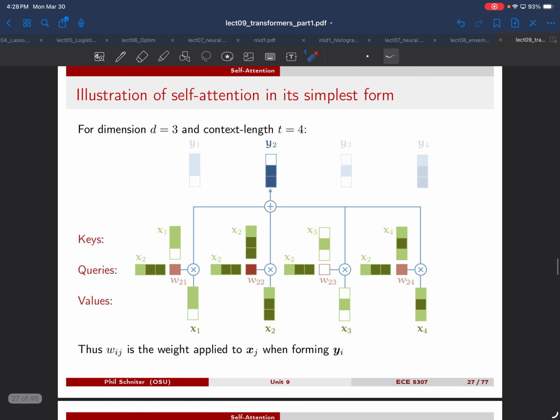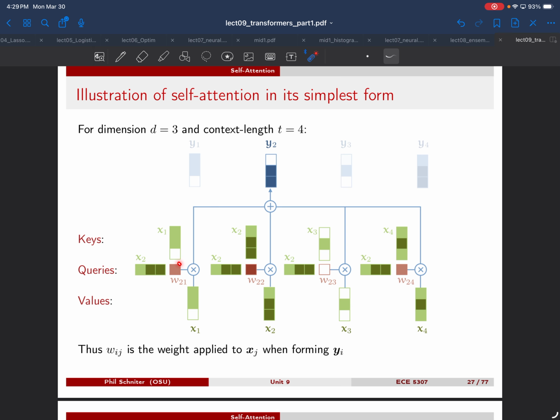Let's look at a picture of this. When we're making this yi, which happens to be i equals 2, you can see these are the different inputs, the input embeddings. These would be three-dimensional embeddings, with a context length of 4, and these are the weights that we're using to multiply each embedding and then summing them to get y2.